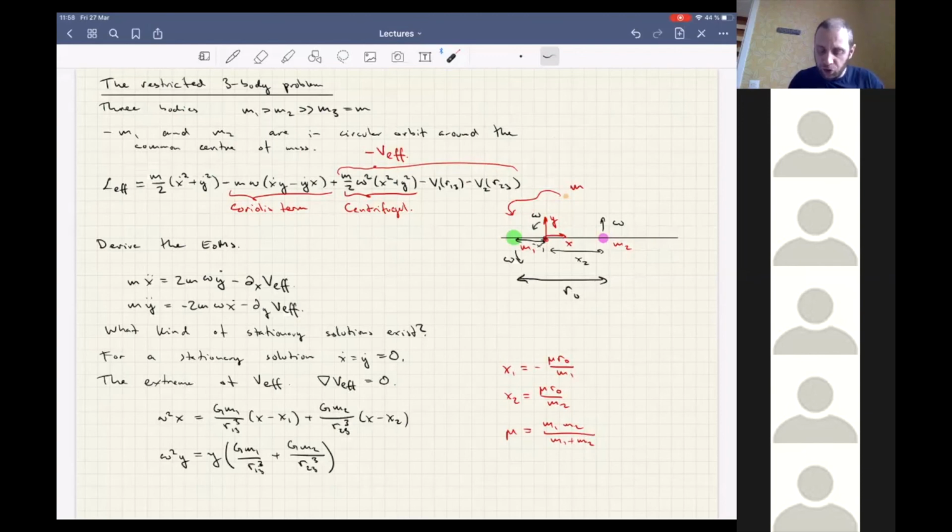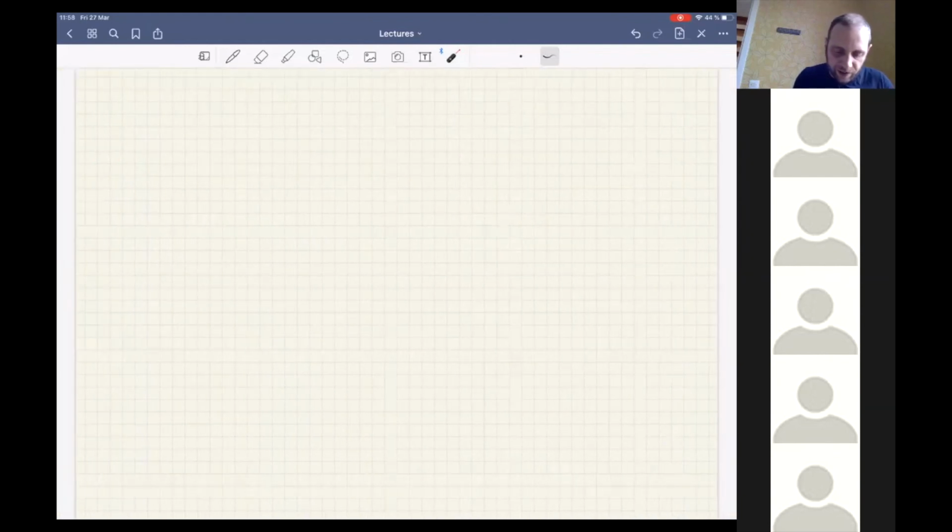So what you would do is something as follows. Let's take a new page for that. What you would do is to say that, well, let's take non-rotating coordinates, and let's call them chi and eta instead of x and y.